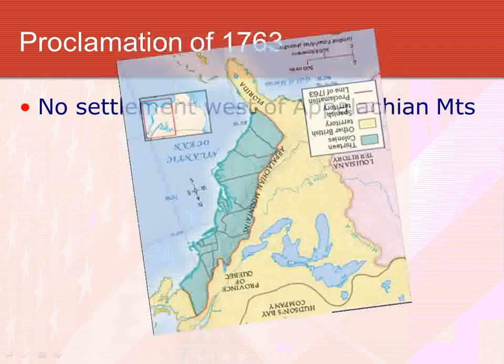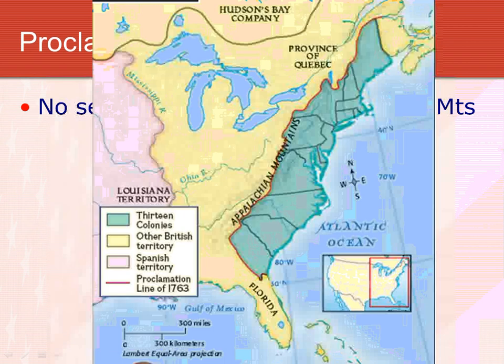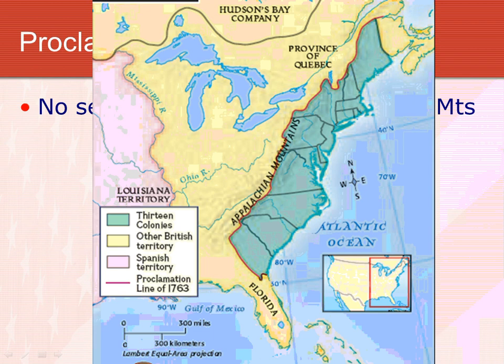The purpose? I'll show you here on a map. 13 original colonies, the Appalachian Mountains. All this yellow area is British land. However, nobody from the green area is allowed to move there, even though that is also British land.